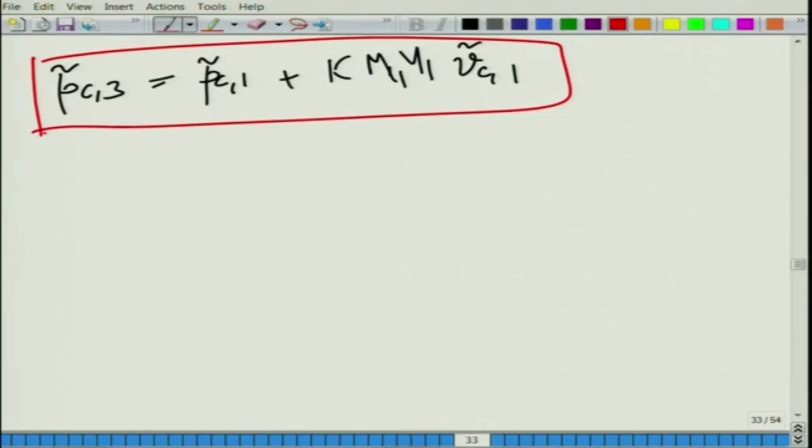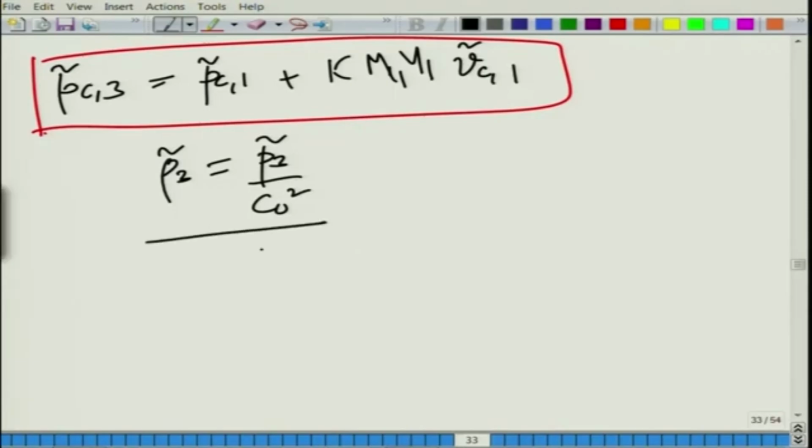Now, after this we would also like to note the density perturbation. We have quantities like rho 3 tilde, which is related to the acoustic pressure fluctuations by the isentropicity relation. You know the relation between the upstream and downstream variables.